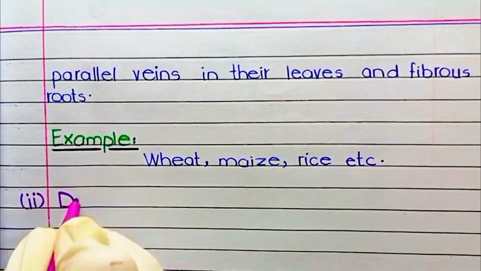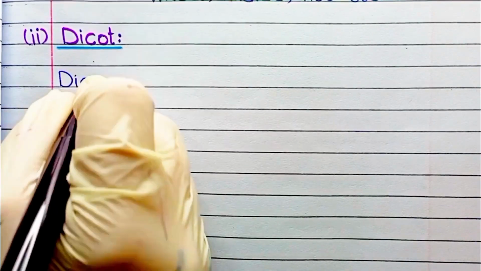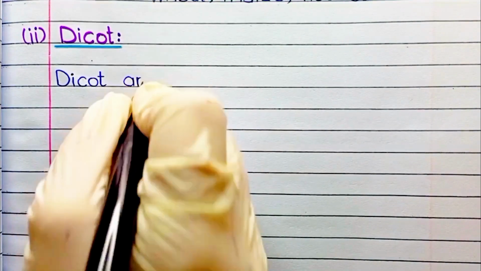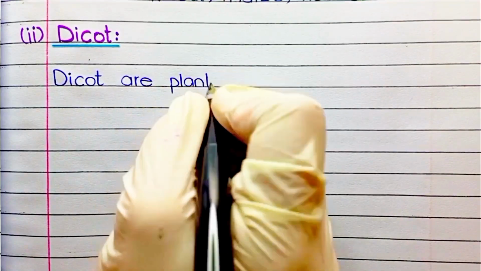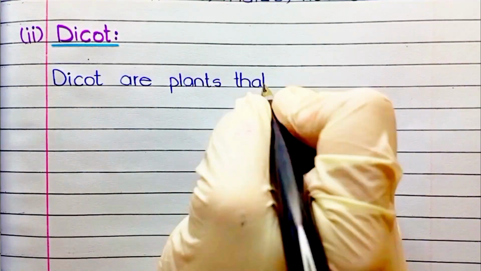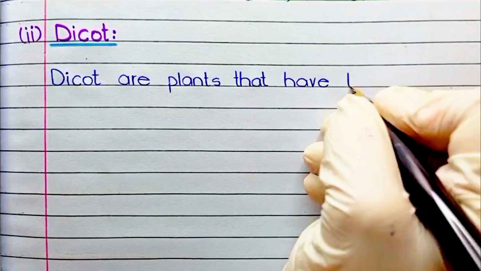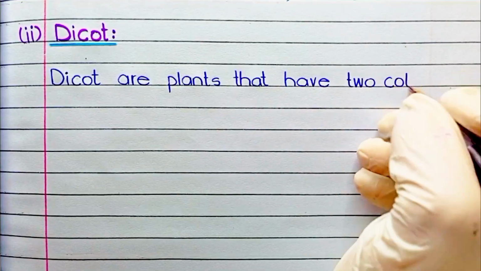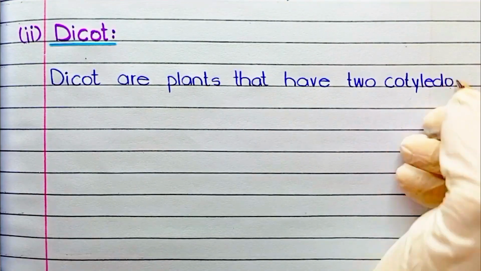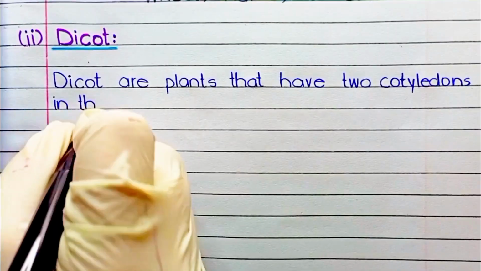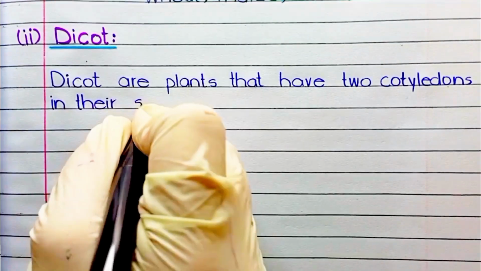Now, dicot. Dicots are plants that have two cotyledons in their seeds.